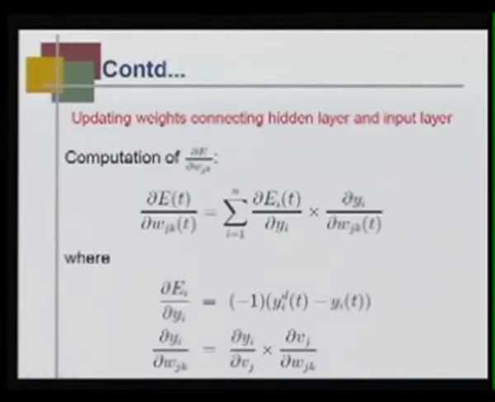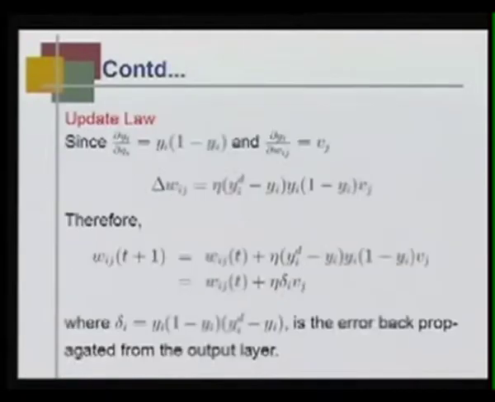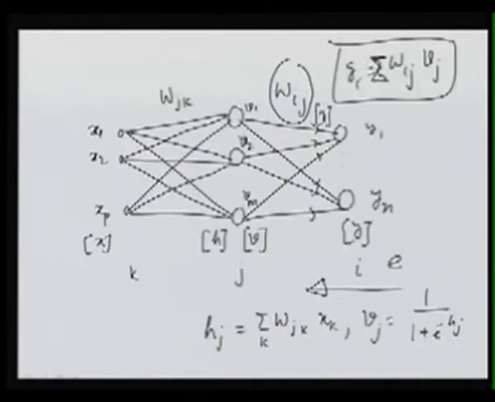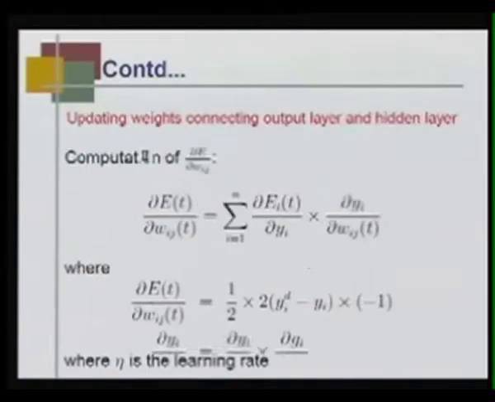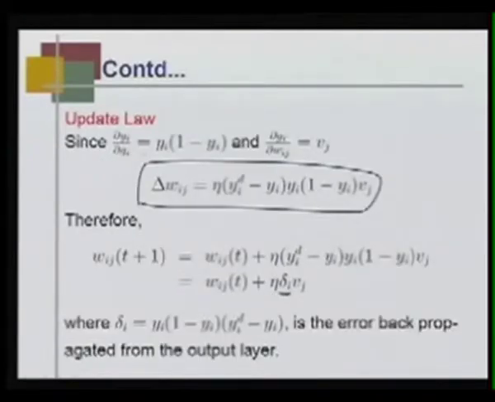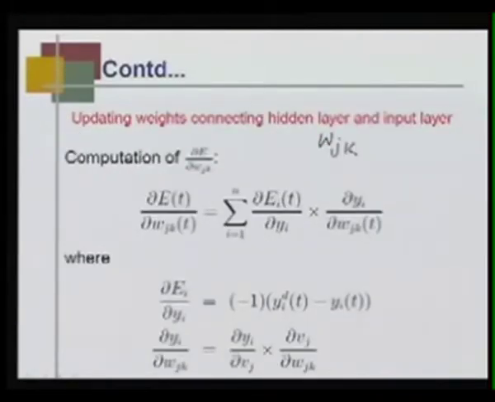Similarly, we derived for w_ij, and now we are talking about w_jk, which was the weight matrix between the hidden layer and the input layer. We have already derived this, so I will not go through the detailed discussion.